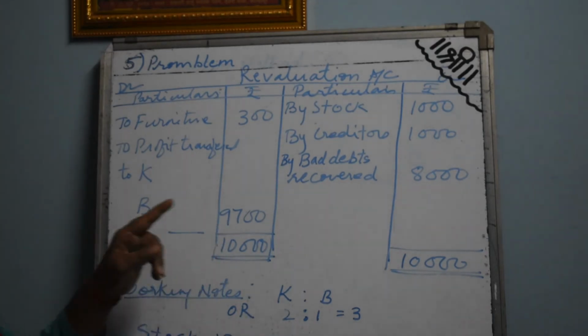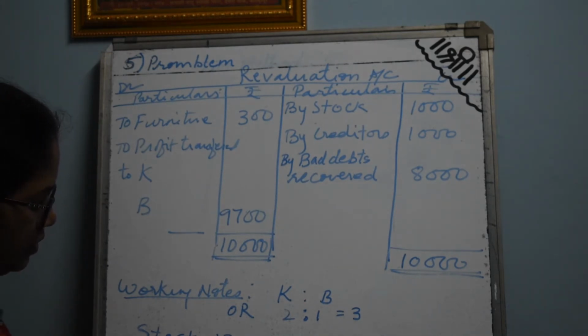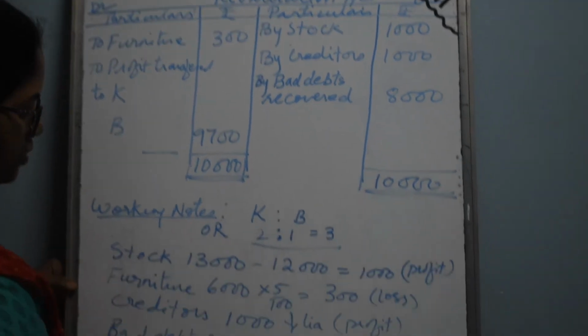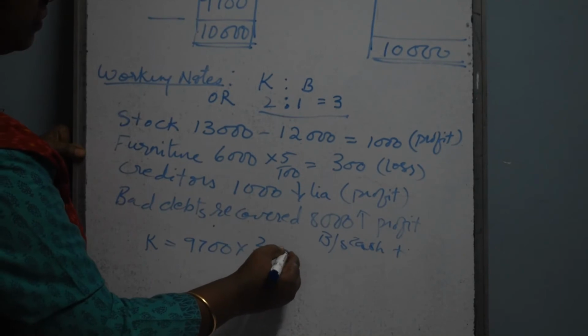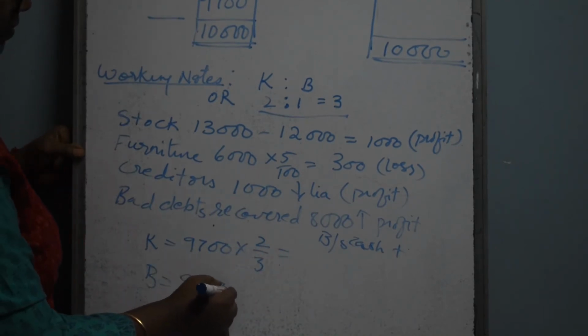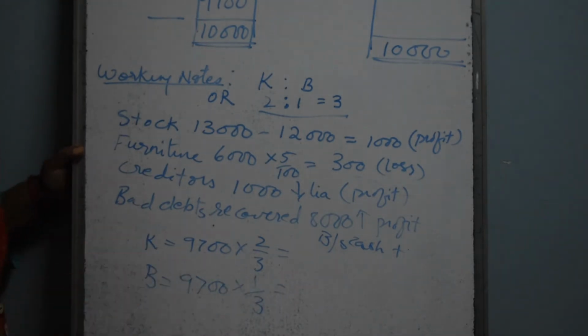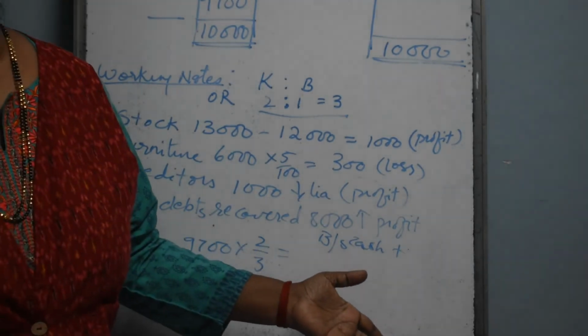Then I'll show this calculation. So K's amount will be 9,700 multiplied by the old ratio, 2/3, and B, 9,700 multiplied by 1/3. Now if you see the calculation of this, you are getting decimal numbers.